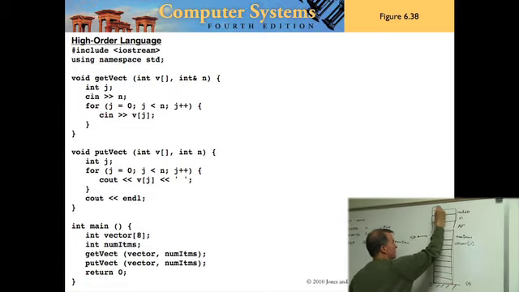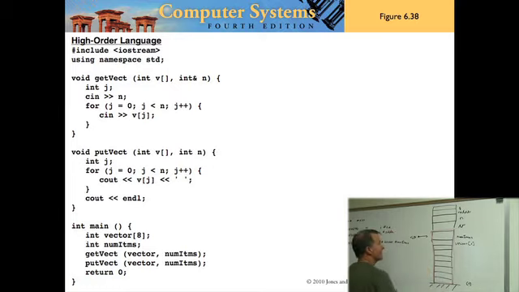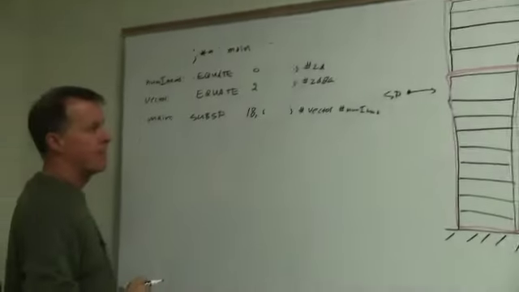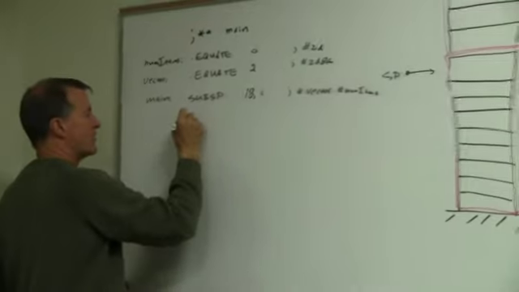The second parameter is n, which corresponds to num items, and that's also called by reference. Then above that, we will have the return address, and then we'll have j, which is a local variable in the method. I forget what the method's called. I think it's getVect or something like that.